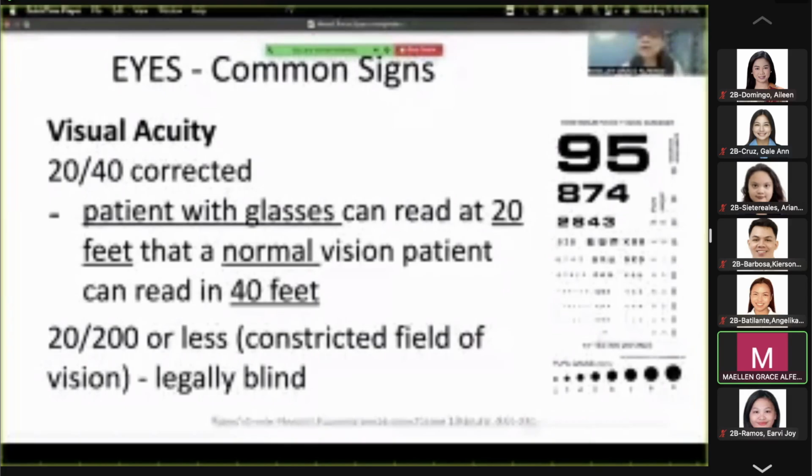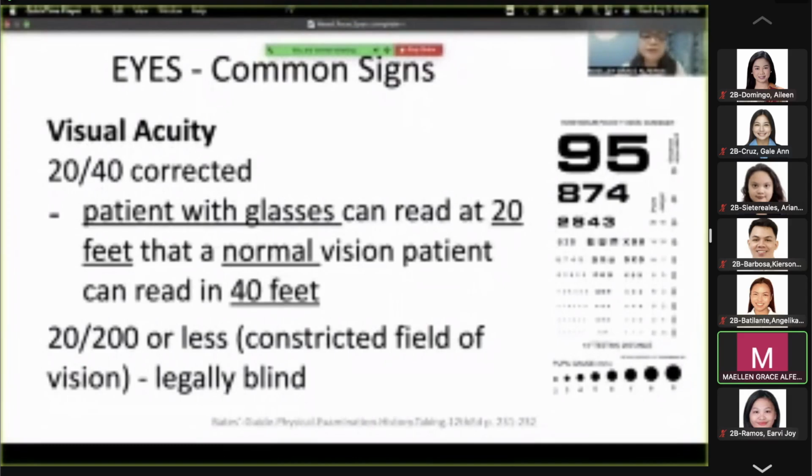Now, as you go up here, the vision worsens. So, third row from the top would be 20/200. As you go up, the denominator goes up and the vision is more constricted. So, this 20/200 is already legally blind.